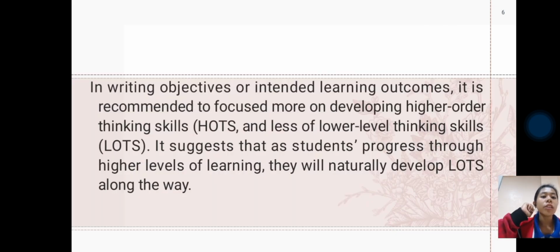And in writing objectives or intended learning outcomes, it is recommended to focus more on developing higher order thinking skills and less on lower level thinking skills. It suggests that as students progress through higher levels of learning, they will naturally develop lower level thinking skills.